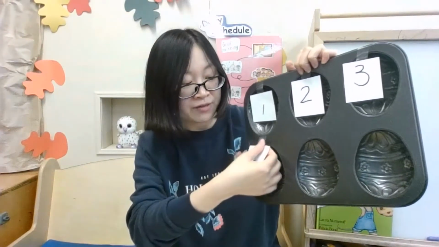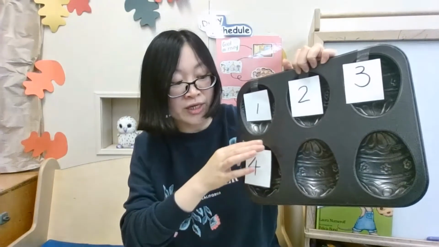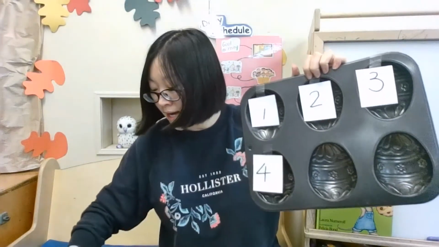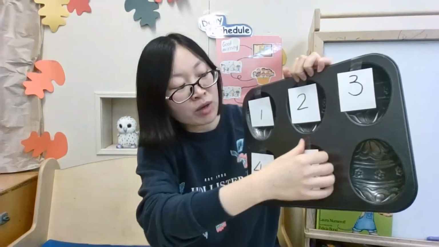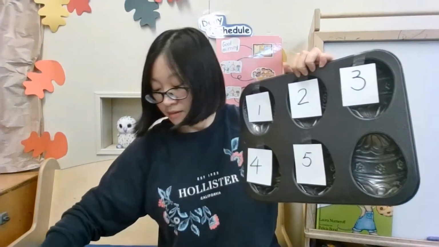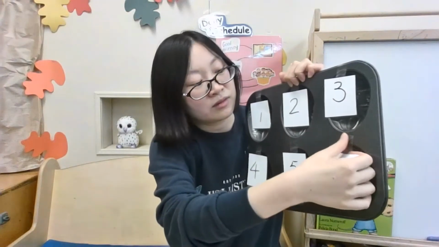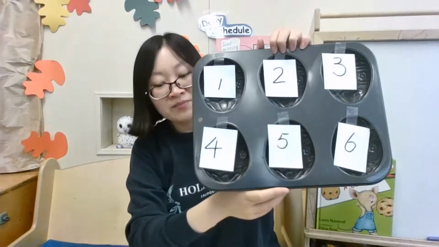So if you have the flat one, the regular cookie tray, it's even better because you can put more cookies. You can put more numbers. Okay, like that. And then you will have your children count the chocolate chips on one cookie.